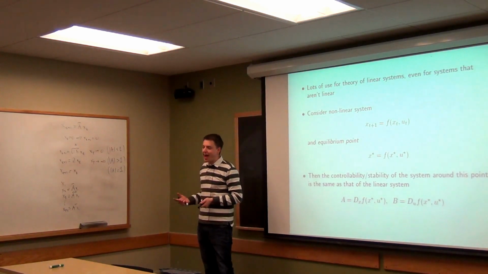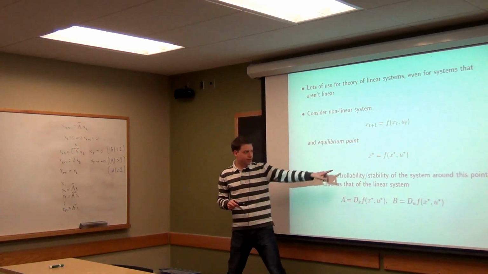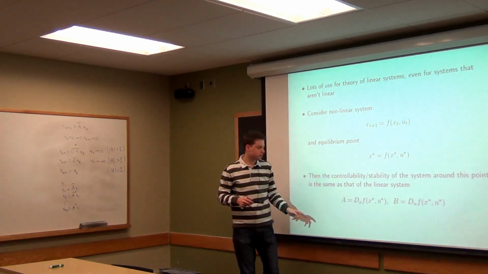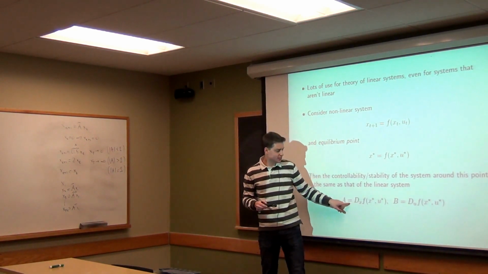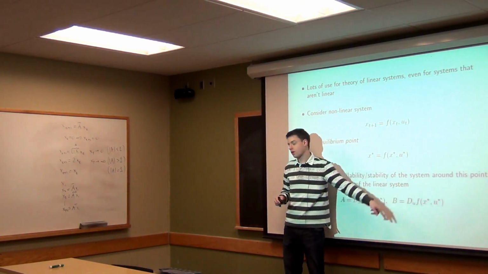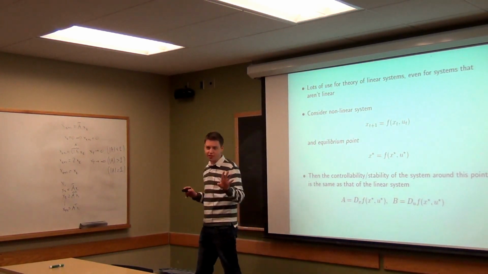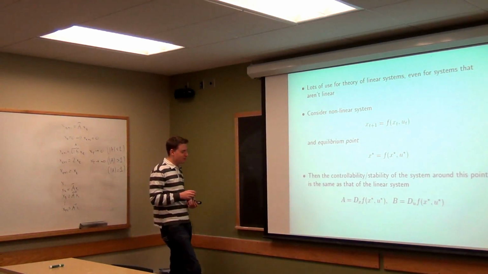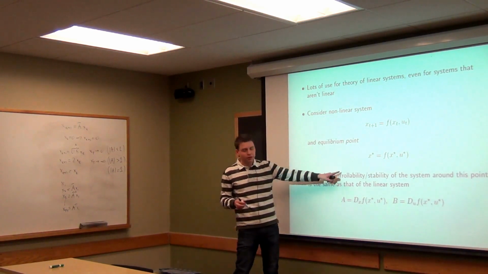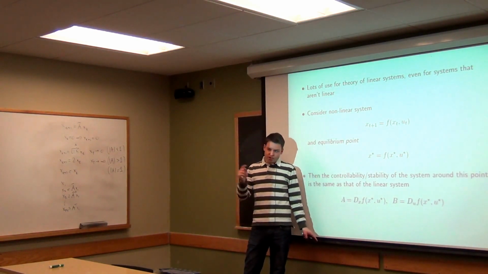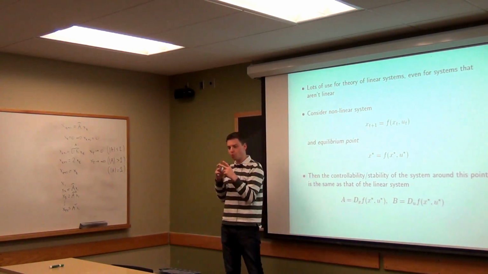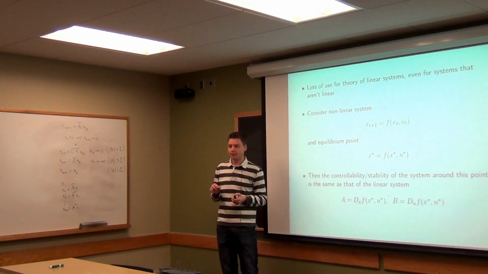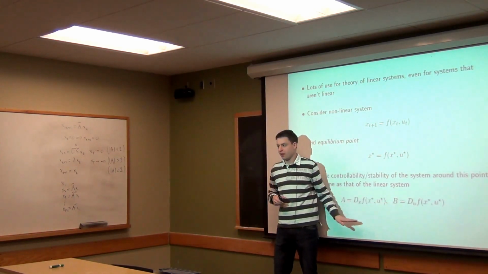And if we look at the Jacobians of this function around this point, where A is the Jacobian with respect to x, and B is the Jacobian with respect to u, it turns out, and I won't prove this, it's actually not that easy to prove, that the controllability and stability of this nonlinear system in a local ball around that point are determined, not approximately, but exactly, by the stability and controllability of these matrices here.